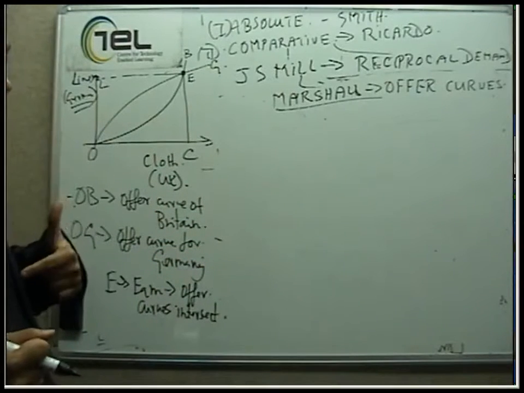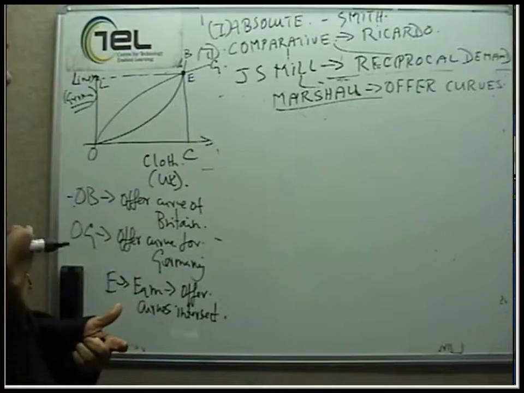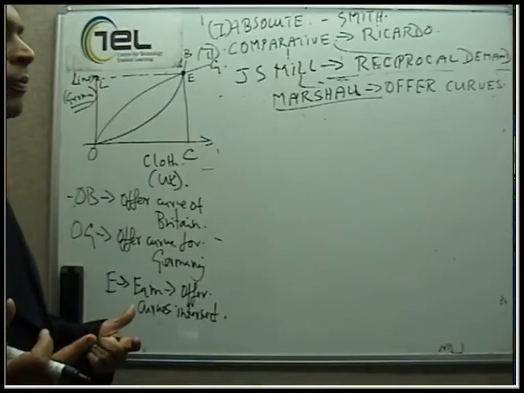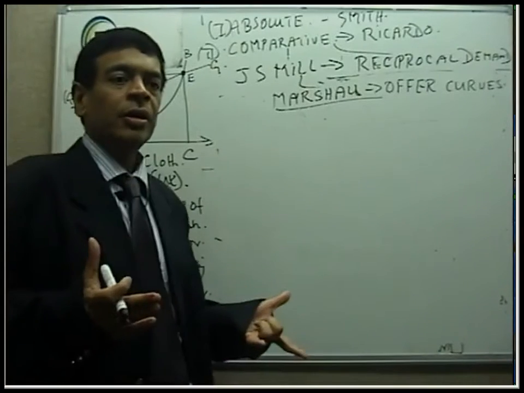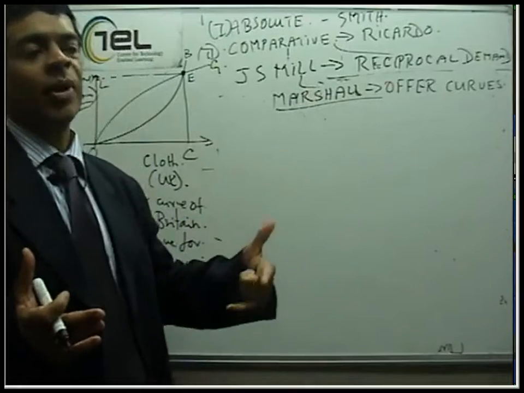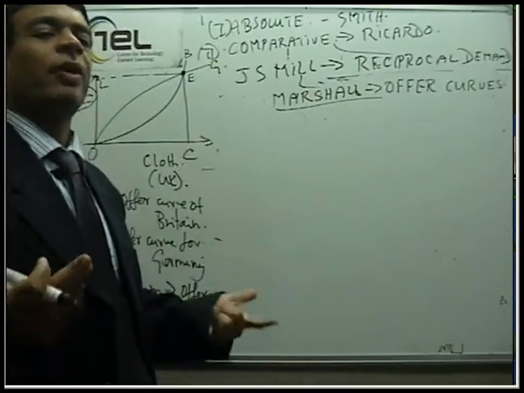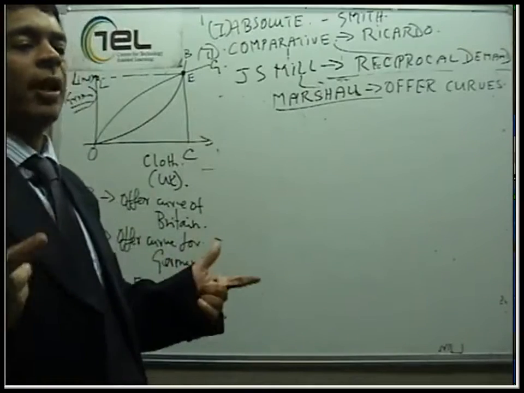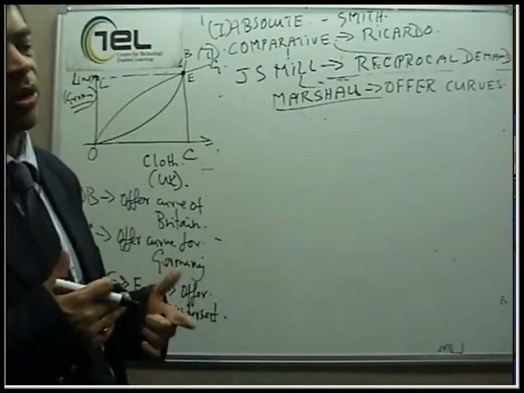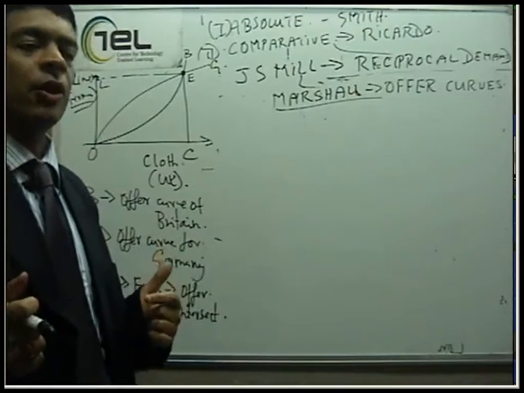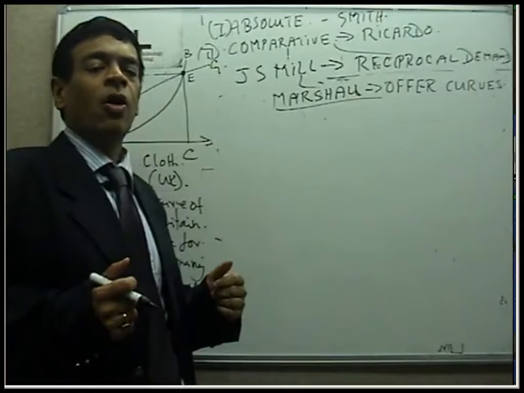In other words, you're importing a certain quantity from a country in exchange for goods which you're sacrificing, which you're exporting, as long as the country is able to pay for it through exports. That's called the concept of reciprocity of demand. You export and import such that the value of exports is equal to the value of imports, and this is where the equilibrium is reached, where the offer curves intersect.